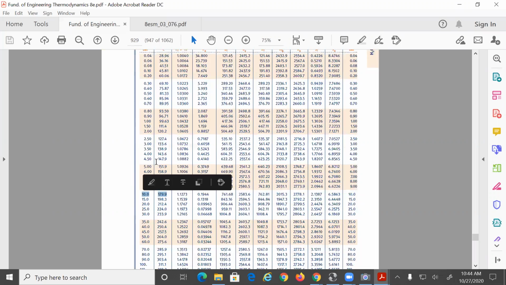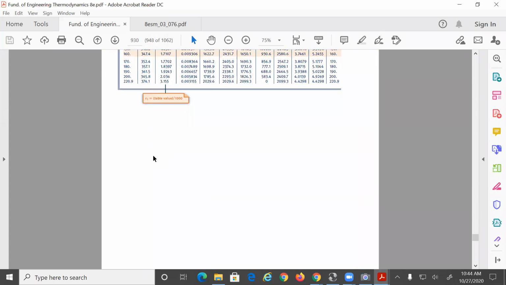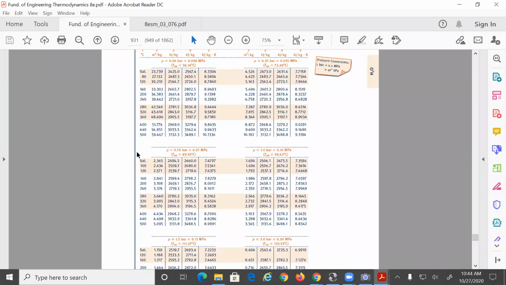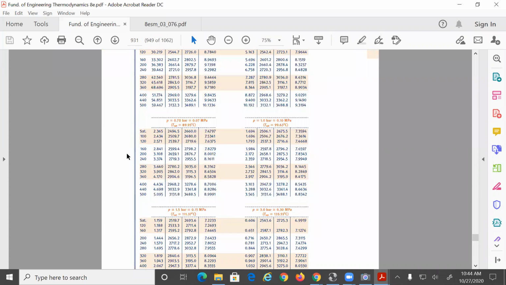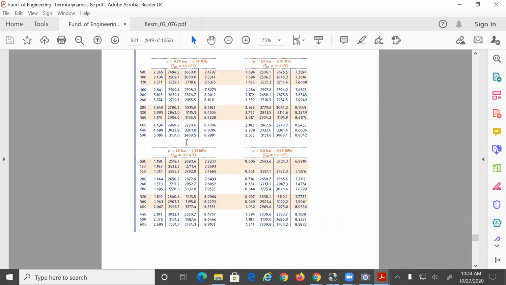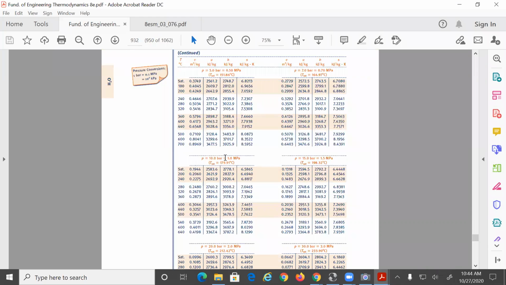179.9. So what does that mean about the state? Is that going to be superheated? No? Okay, so we can go now to these tables here, where 1 megapascal is 10 bar and the temperature is the same, 179.91.